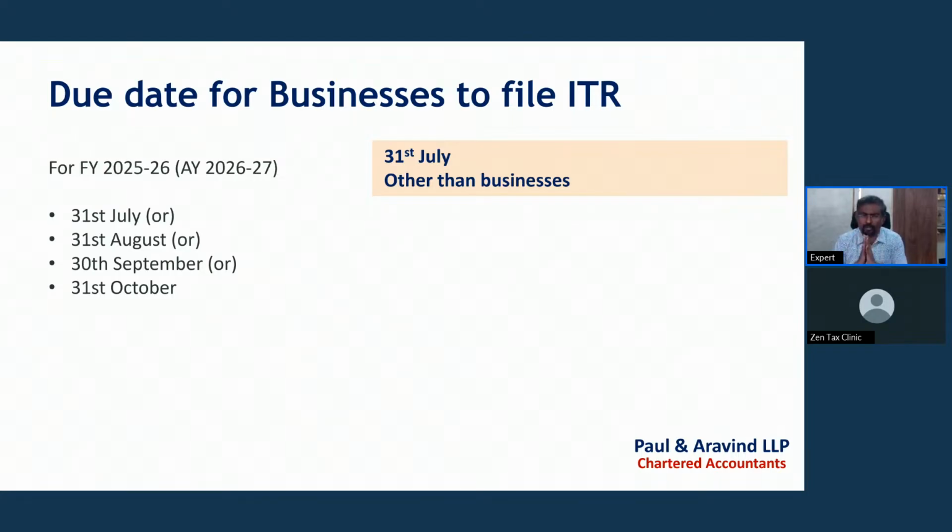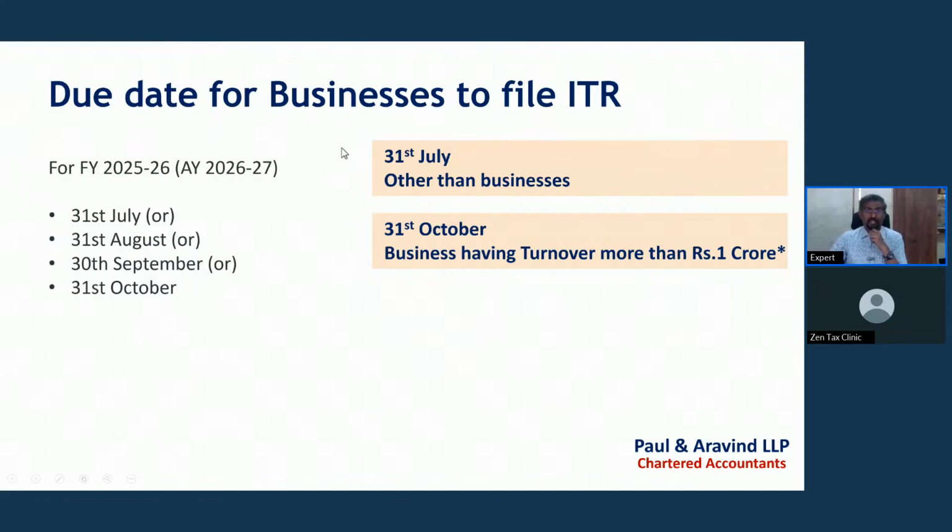Generally, until the last income tax return filing season, that is when we were filing the income tax returns during the year 2025 for the financial year 24-25, we had the due date for all assessees not liable for tax audit on 31st of July. Now, from this year, that is from the financial year 25-26, we have segregated due dates of 31st of July for taxpayers having income other than business or profession.